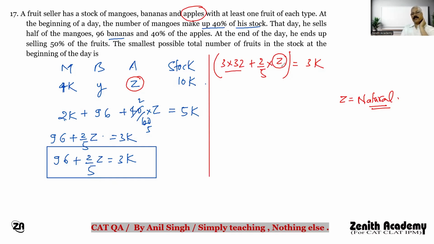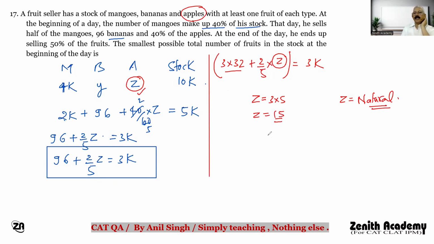The point is here 2 by 5 into Z. It should also be a multiple of 3. Right? But Z is the number of apples, so Z should be a natural number. And here it is given 2 by 5, which means Z should be divisible by 3 and 5 both. So 3 into 5, the minimum possible value of Z is 15. Right?